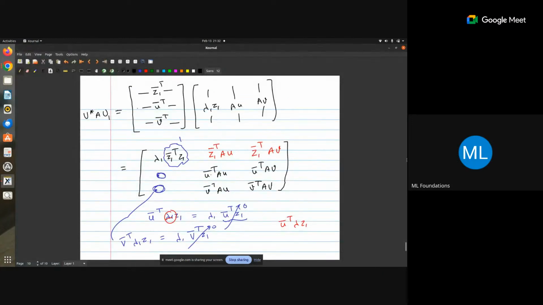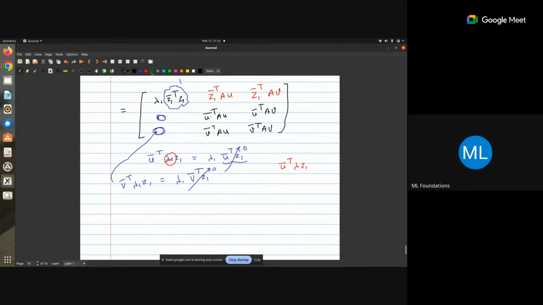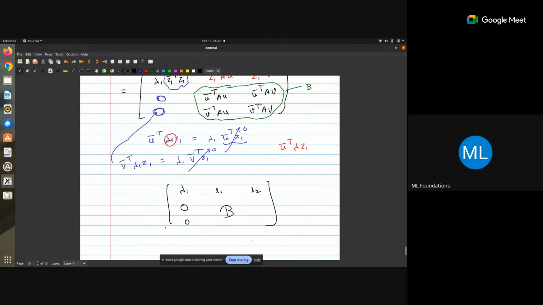Consider this as matrix B. So how will this matrix look now? It will look like lambda 1, here some values, let's say L1, L2, here 0, 0, and here it is matrix B. Fine.